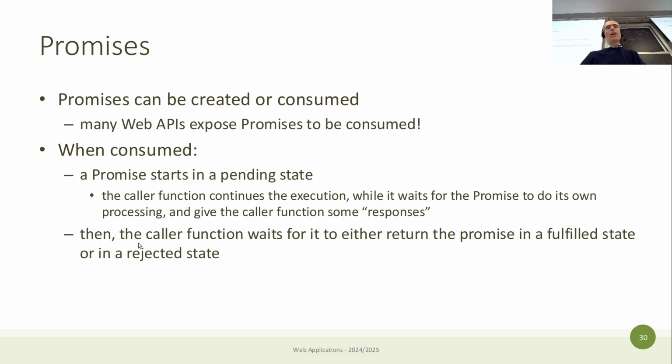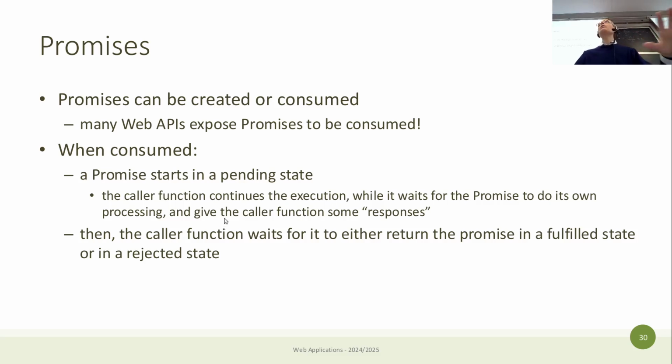And so the function that calls the asynchronous function continues the execution. It just gets a handle, I mean, a reference to this promise object. Okay, and when the promise is settled, that means it will have a final status. So it will be fulfilled or rejected, as we will say. So it's success or failure.